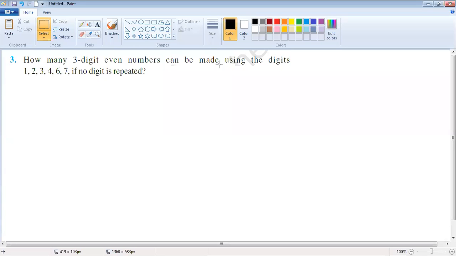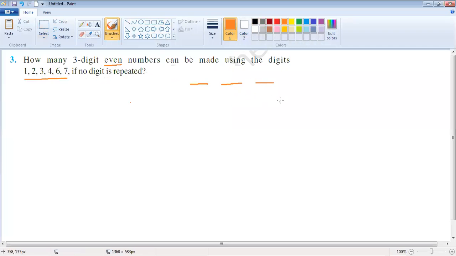Next question, look. How many 3-digit even numbers can be made using the digits 1 2 3 4 6 7? Here also we know that we have to form 3-digit numbers: first, second, third. And they should be even numbers.